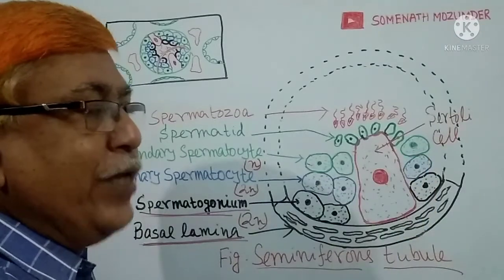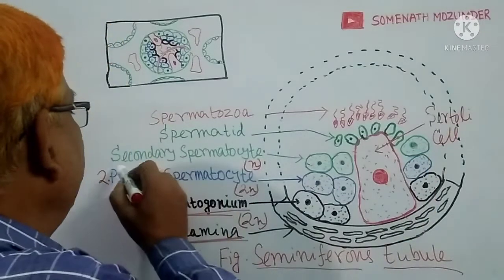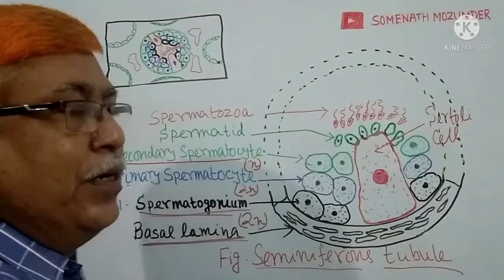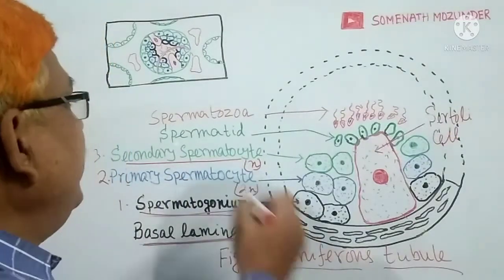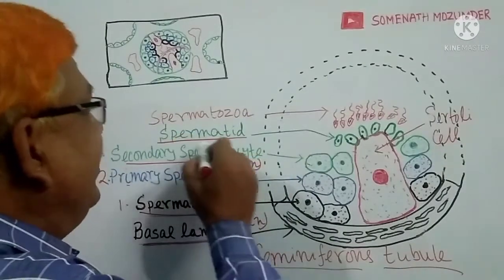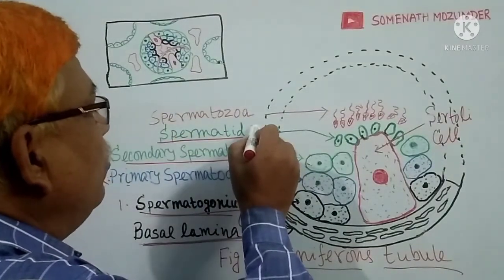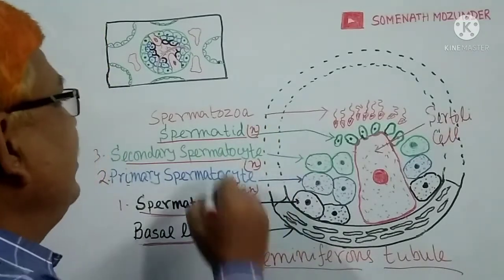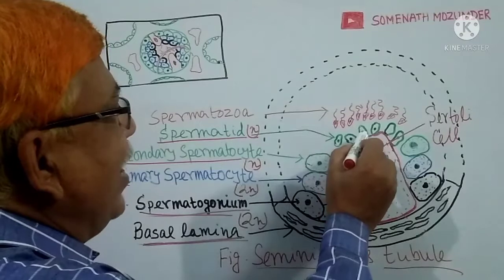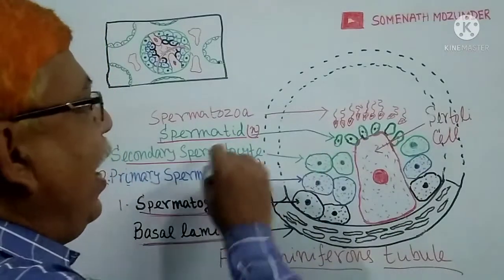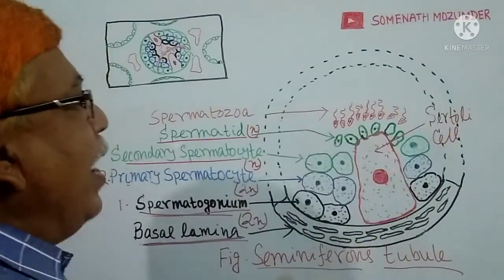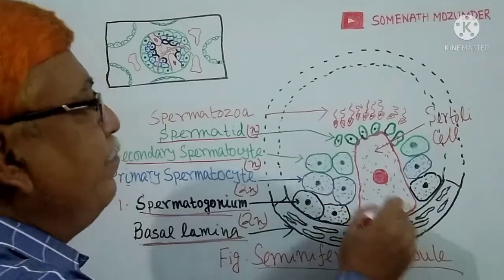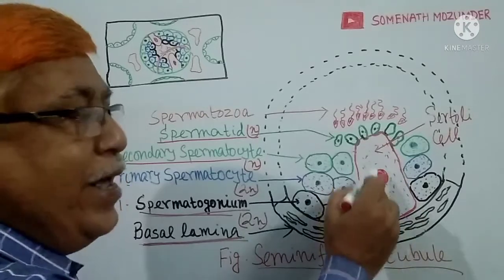Next, secondary spermatocytes are transformed into spermatids, which are also haploid in nature, and spermatids are embedded in the Sertoli cell present in the seminiferous tubule.